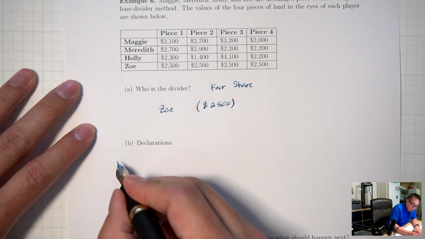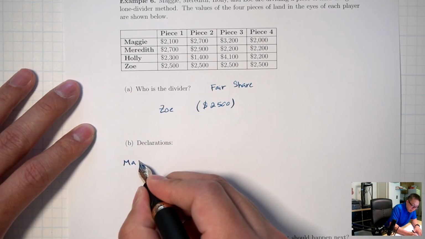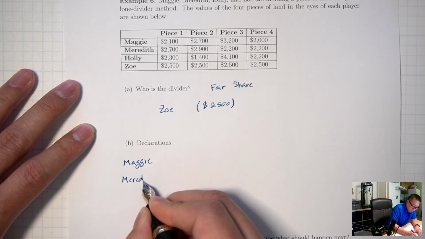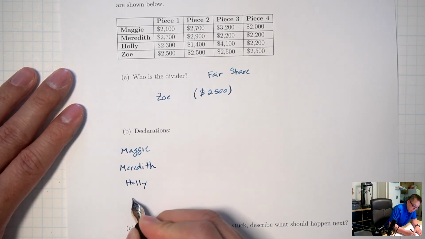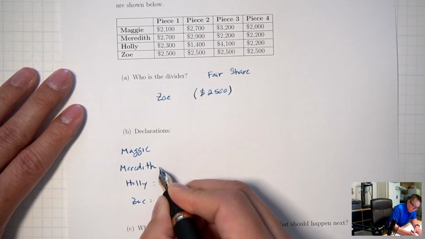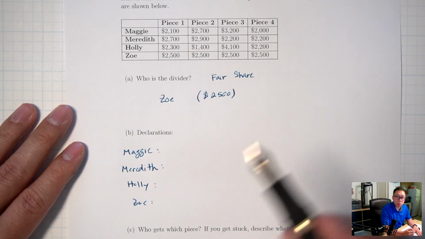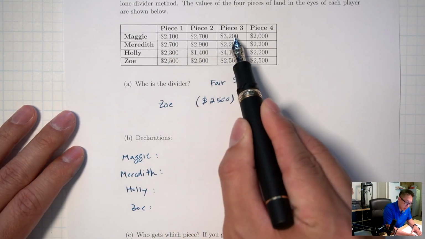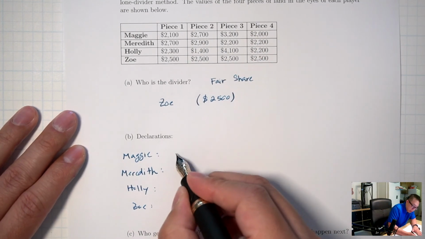Now for each person, we're going to list out each piece that they would accept. The pieces they would accept would be any piece that is 2,500 or more. For Maggie, piece 2 works, piece 3 works, and that's it. So 2 and 3.